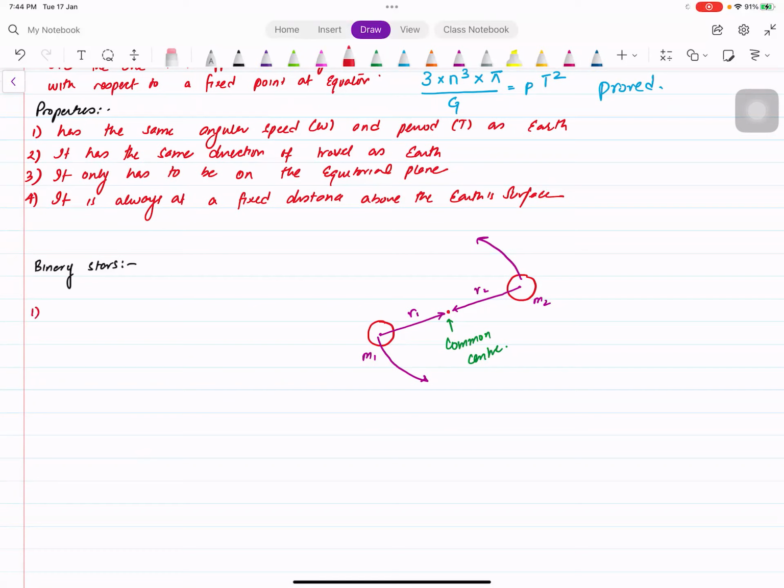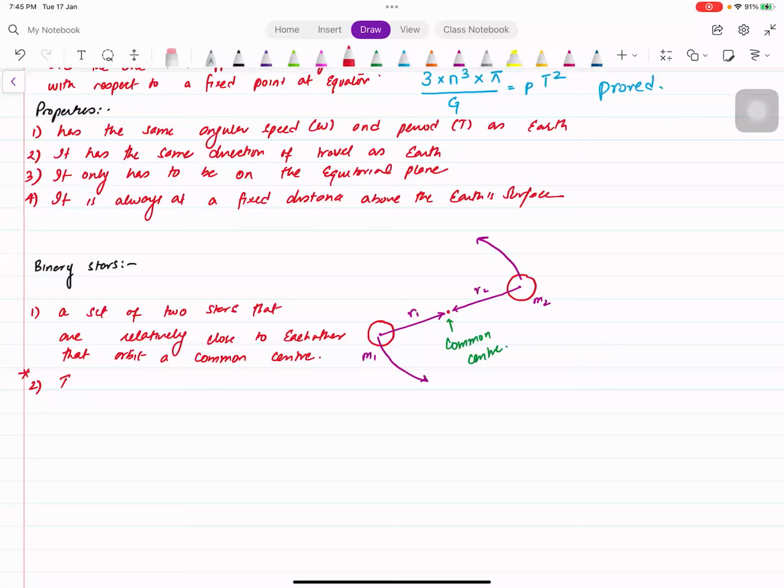So binary stars are a set of 2 stars that are relatively close to each other, that orbit a common center.